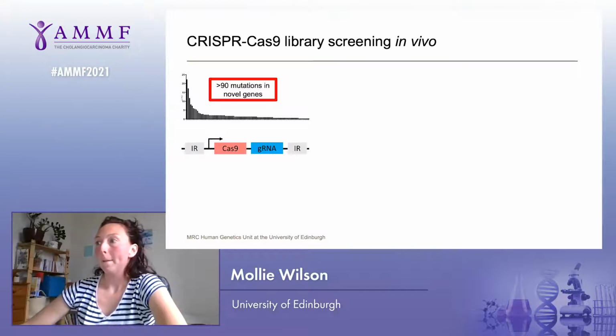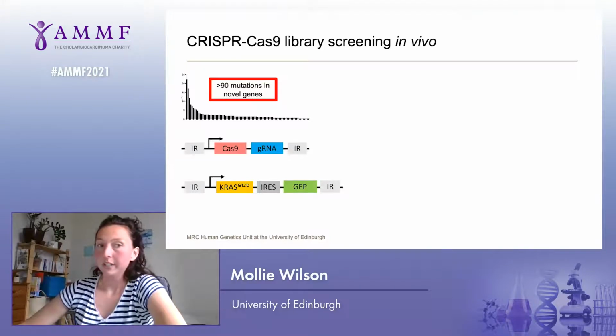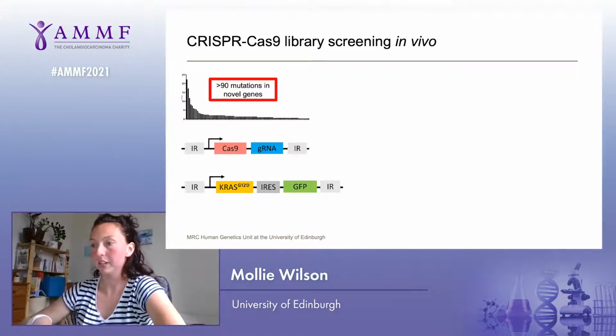We additionally used a Kras GFP plasmid that contains this internal ribosome entry site. That means I can basically visualize the Kras positive cells because they'll be expressing GFP.